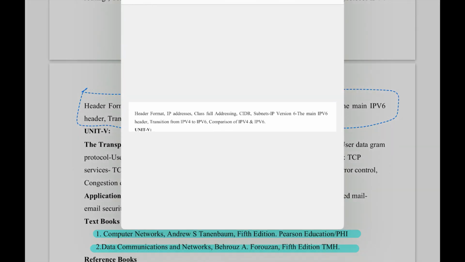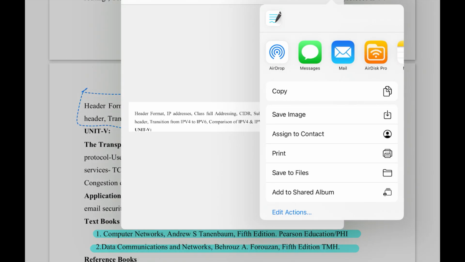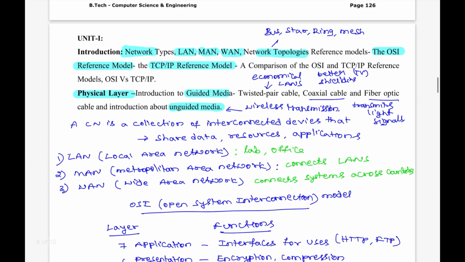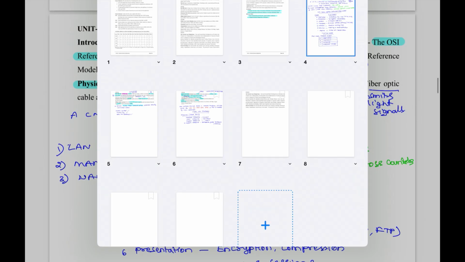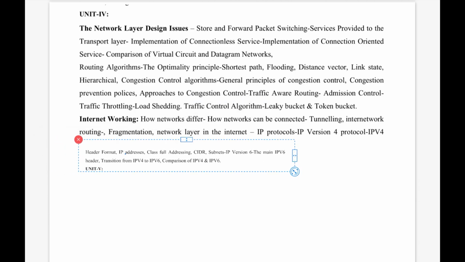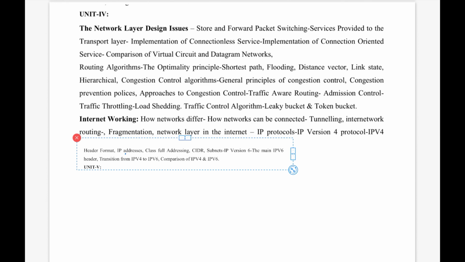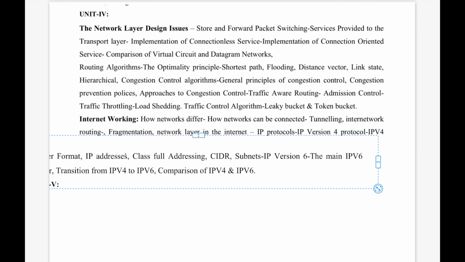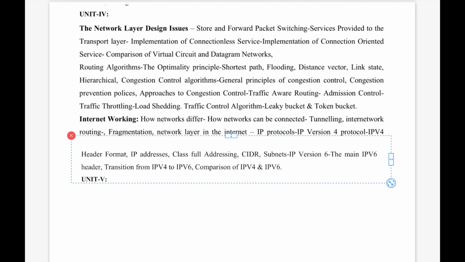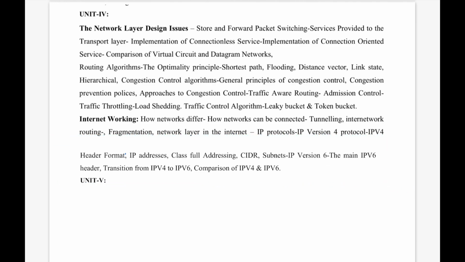We are having the 5 units in this subject. Okay, so it is Unit 4.